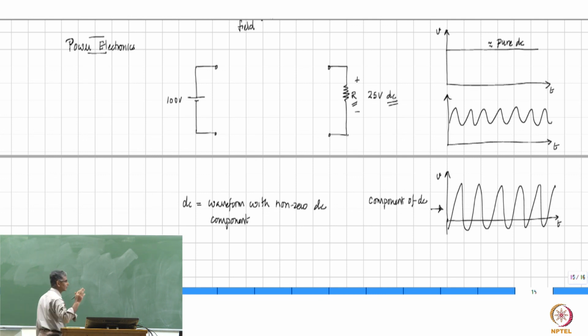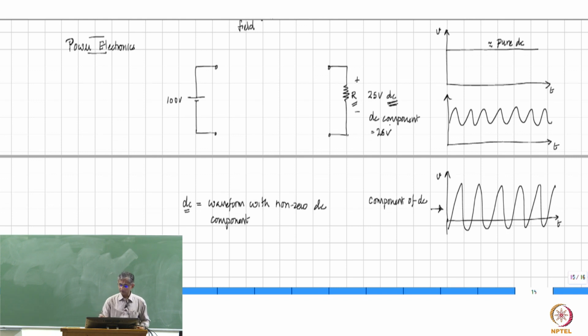So just for argument's sake, we are saying that we want 25 volt DC. When we say 25 volt DC, what do we mean? We want the DC part of the waveform that is applied across it to be equal to 25 volt. So this means that the DC component is equal to 25 volt, right?